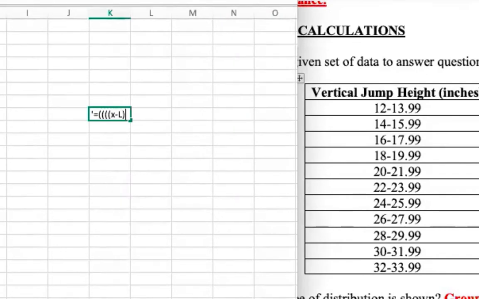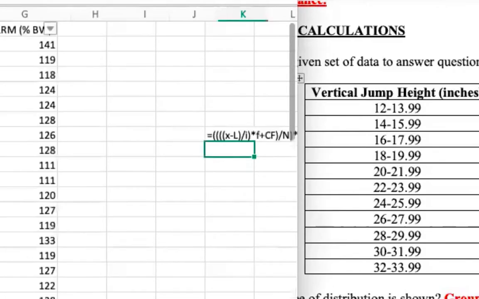That's going to be divided by the interval size. That'll be multiplied by the frequency. And then we add the cumulative frequency of the group worse than the group we're looking at, all divided by the total number of subjects times 100 to get our percentile.